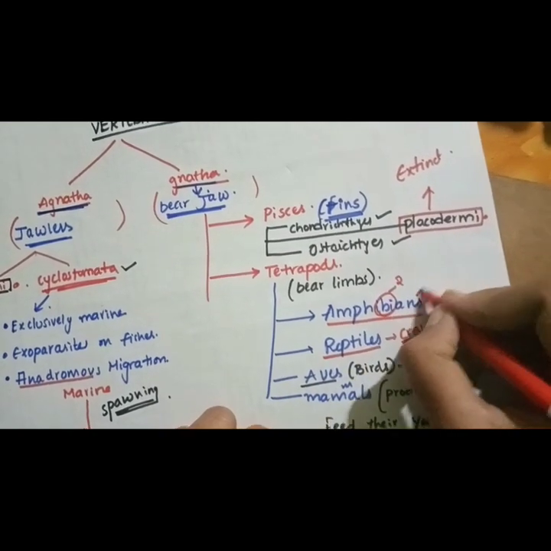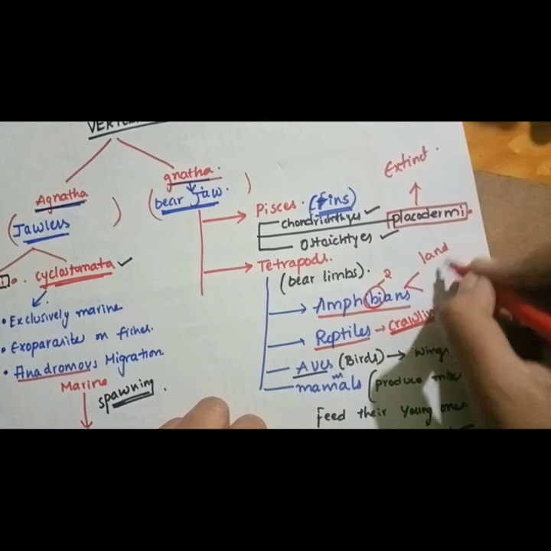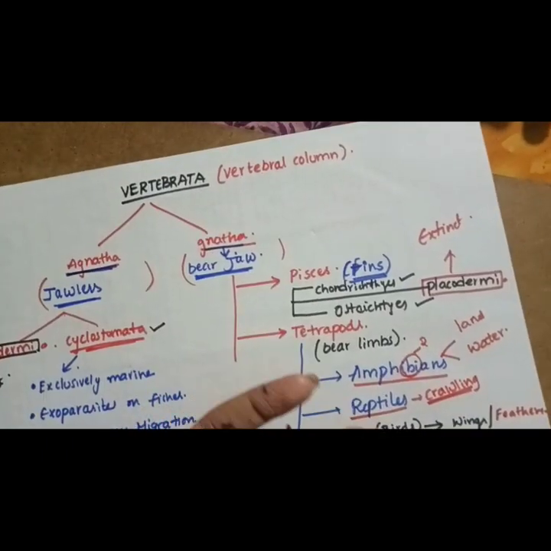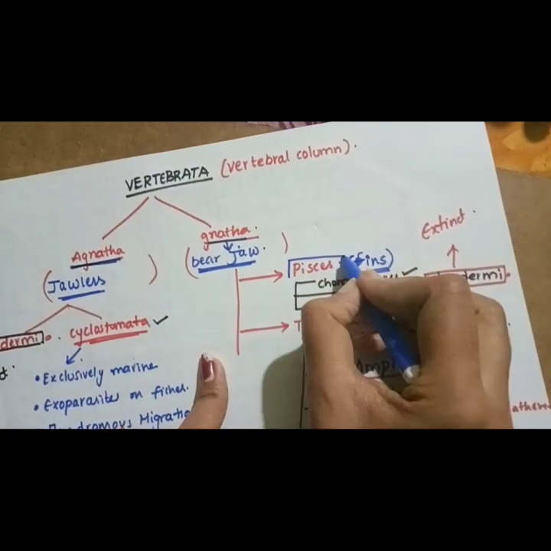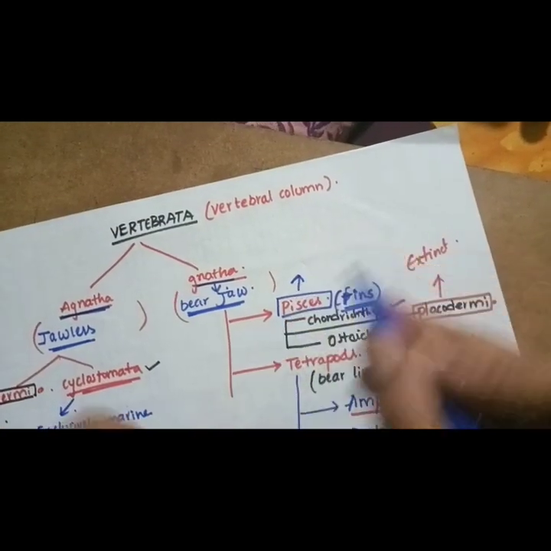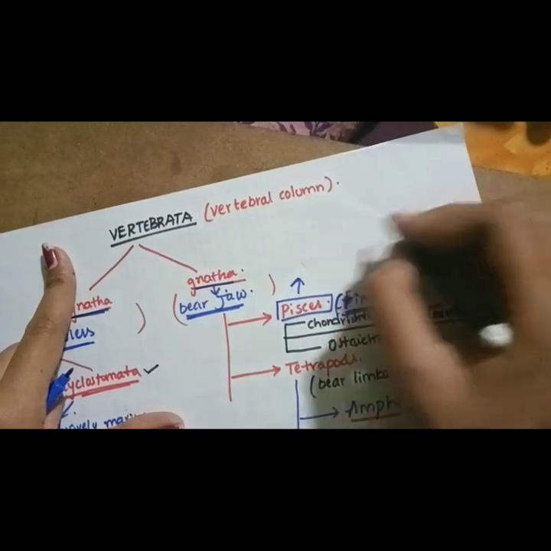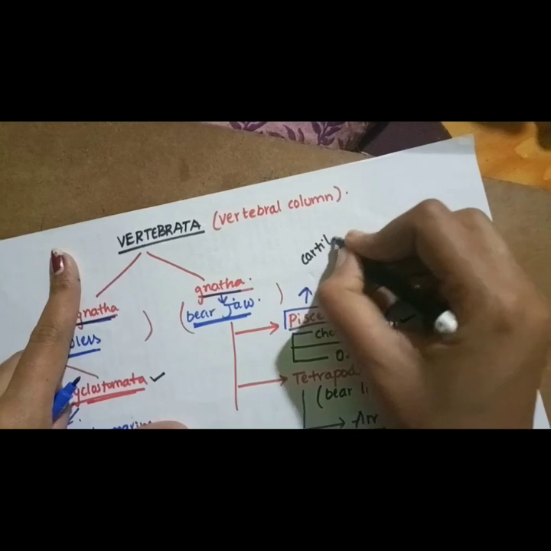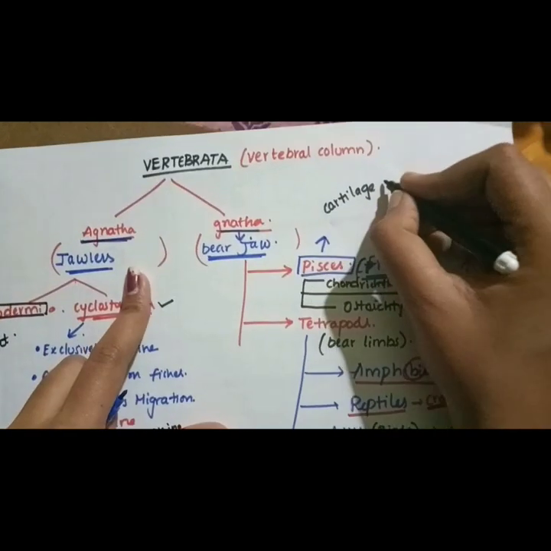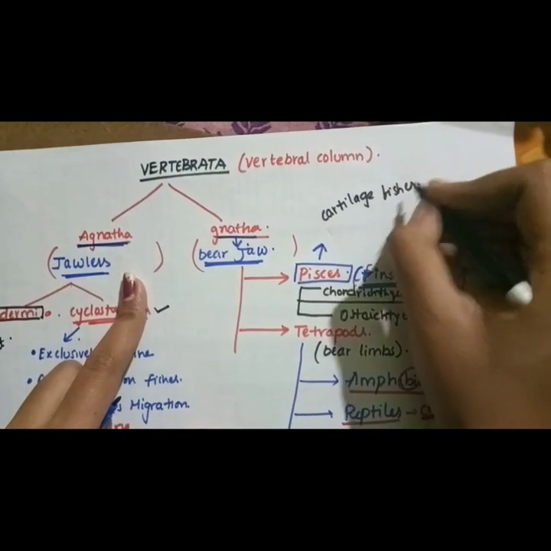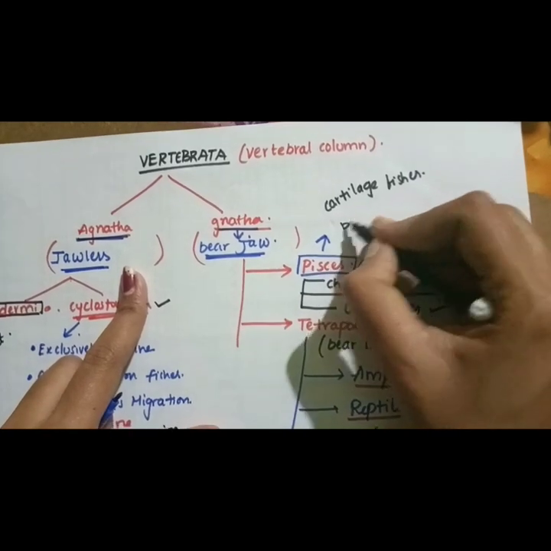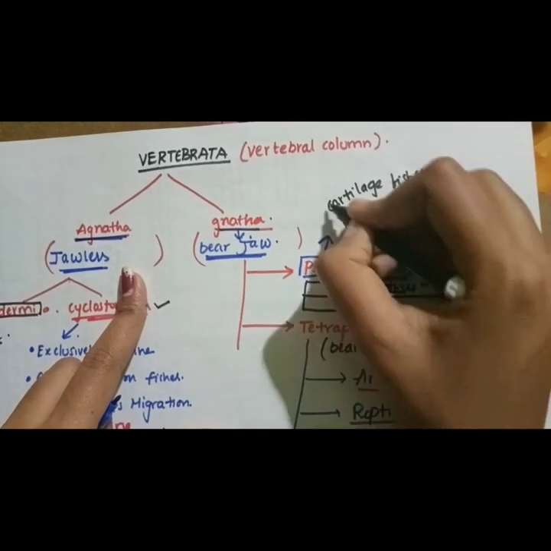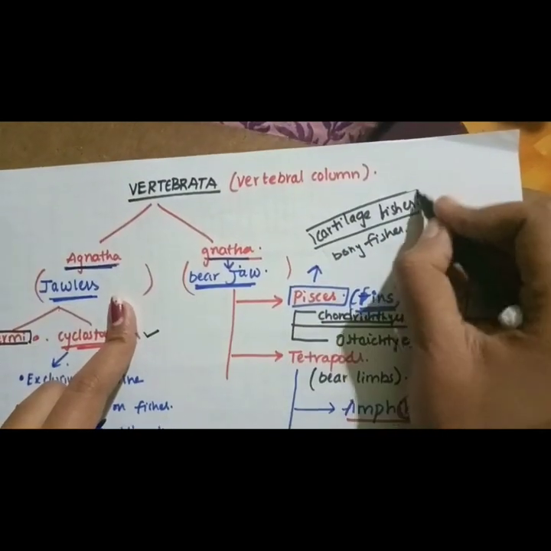Coming to the amphibians, the term indicates bi means 2. That means they can live in both land and water. Coming to botany, the amphibians of the plant kingdom are bryophytes, right? In the same way in this also. Coming to the Pisces, Pisces consists of cartilage fishes, that is the skeleton in them is made up of cartilage, chondrichthyes, and bony fishes, osteichthyes, in which the endoskeleton is made of bone.